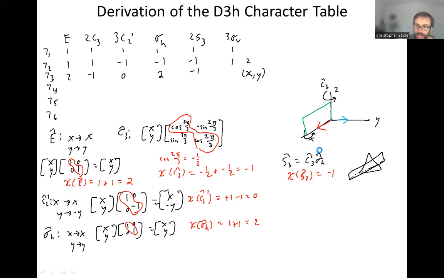And so if it's in the XZ plane, that means that X is going to go to X because it's in the mirror plane, but Y is to the right of the mirror plane, so it's going to see itself on the left of the mirror plane, and that means that Y is going to go to the negative of itself. And so our 2 by 2 matrix that describes this transformation equals 1, negative 1, 0, 0.